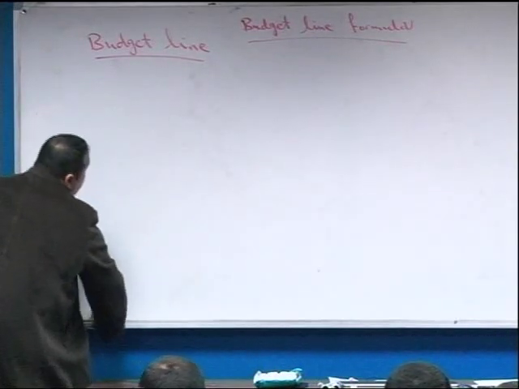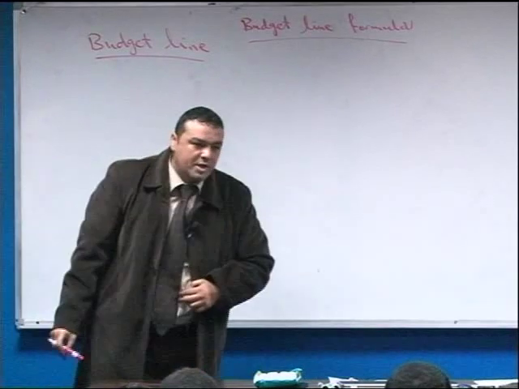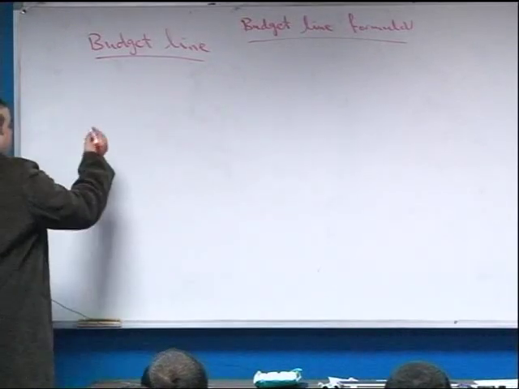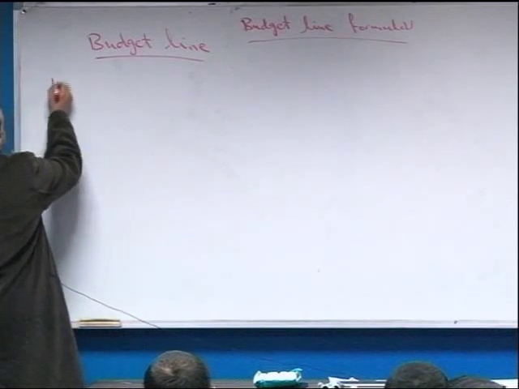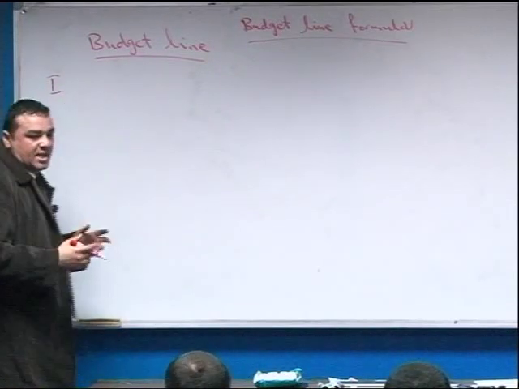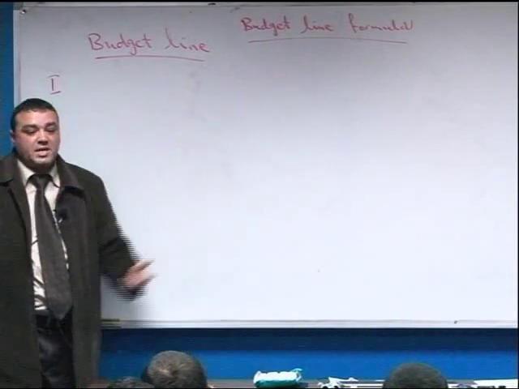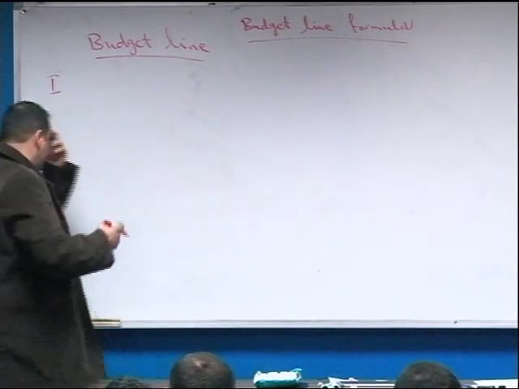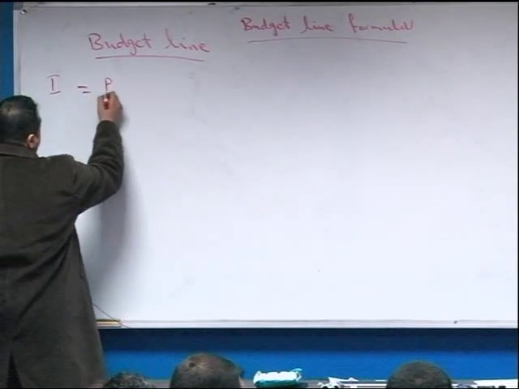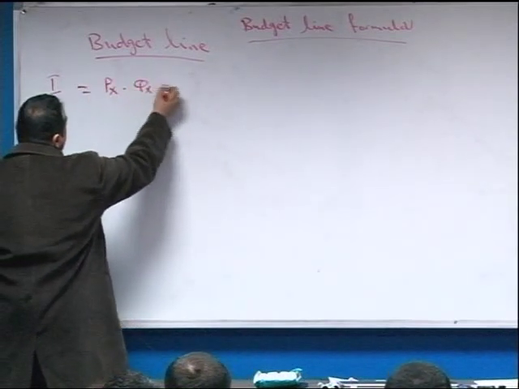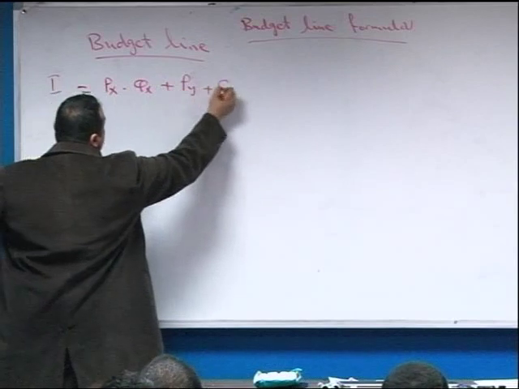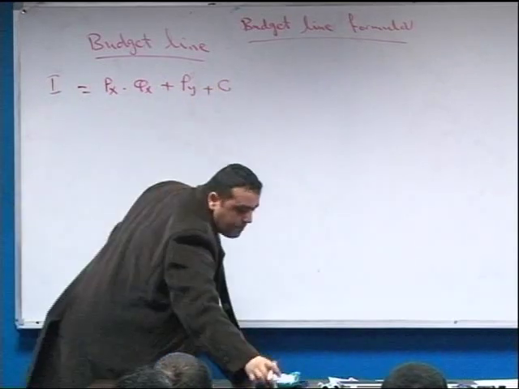To derive the budget line formula or equation, as you know, our assumption is that the consumer spends all of his income to buy only two goods. I equals the price of x times Qx plus the price of y times Qy.